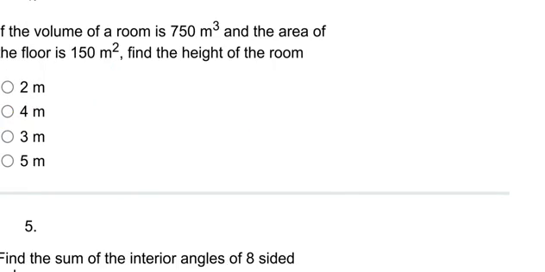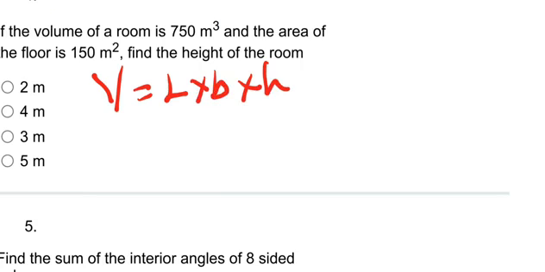So if the volume of a room is 750 cubic meters, and the area of the floor is 150 square meters, find the height of the room. So a room that is a cuboid, right? So volume of a cuboid is length times breadth times height.